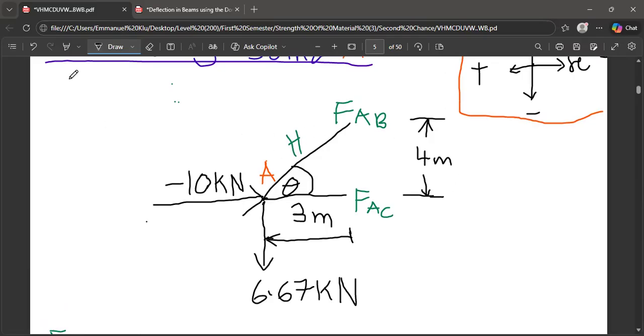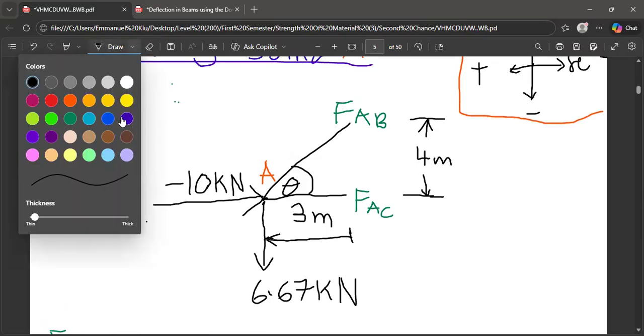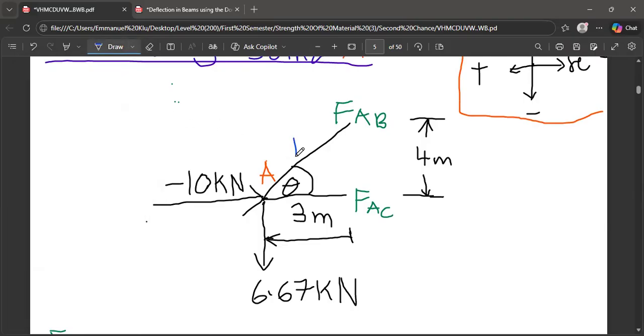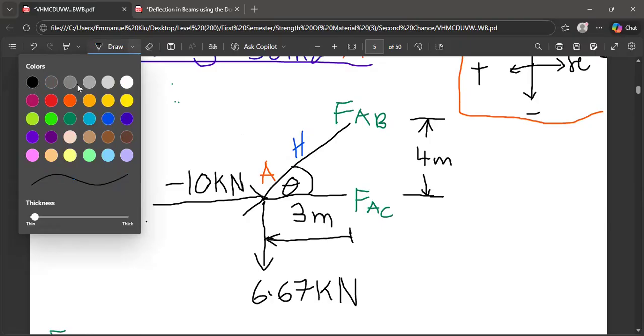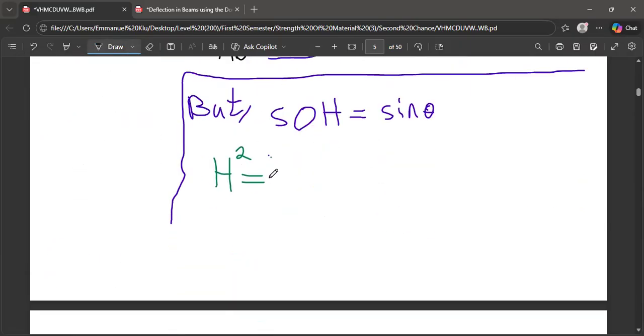You see this place. So the place that I've written with H, let me write it with a blue color pen for us to understand something better. So this is the H I'm going to calculate for. We don't know the H, so we have to calculate for the H. So the H is equal to what?